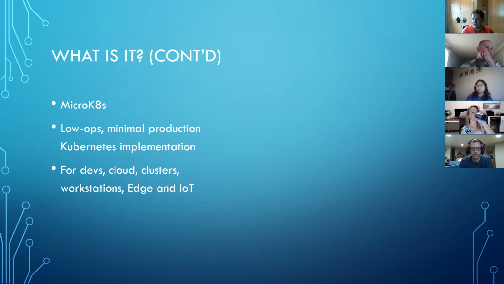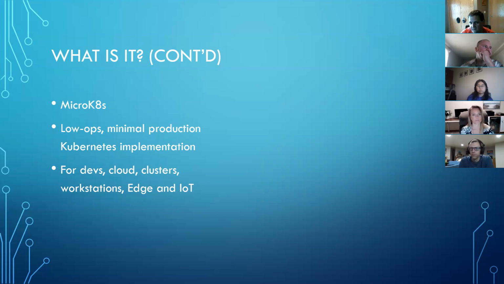So you can now run a very reliable system on a Raspberry Pi. MicroK8s runs on Ubuntu, so you can put that on anything that runs Ubuntu. You can put it on a Dell, you can put it on a Mac, anything you're thinking of, as long as it can run Ubuntu.